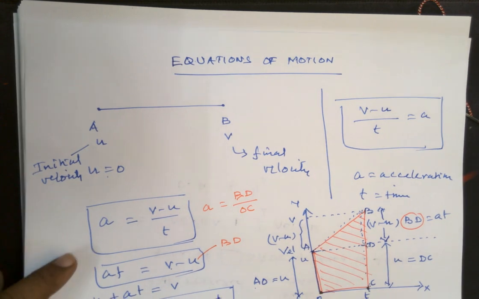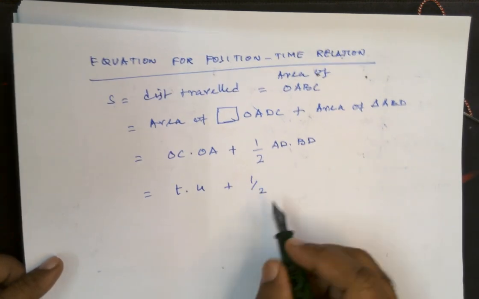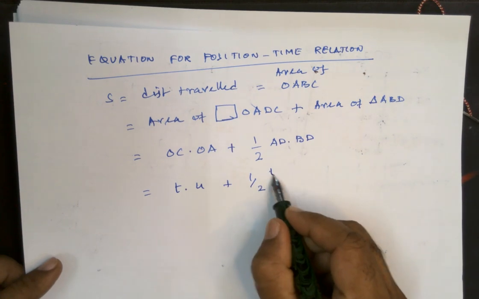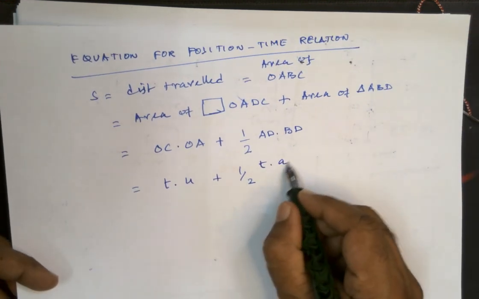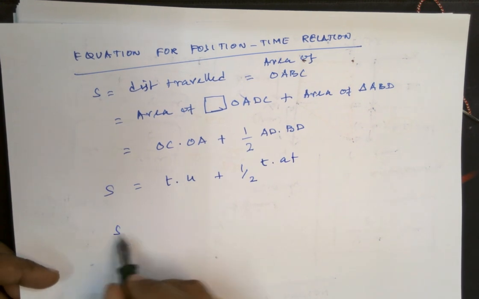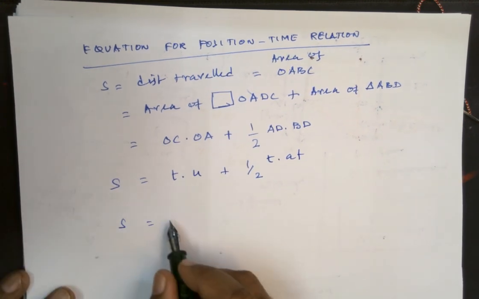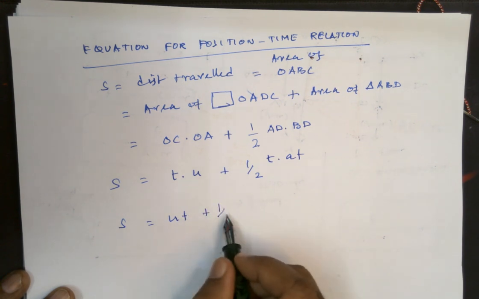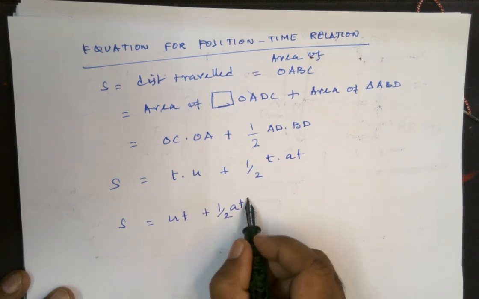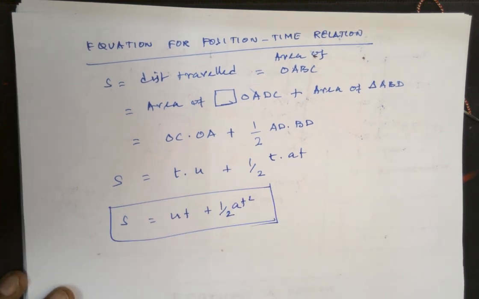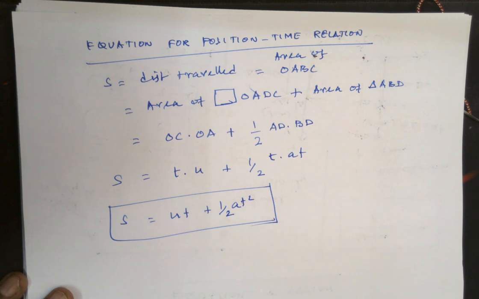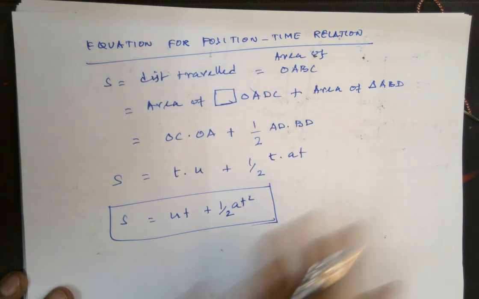AD is nothing but T. And BD is nothing but AT. Now we are able to arrive at an equation: S is equal to UT plus half AT squared. Got it? We have derived this equation based on the graph.